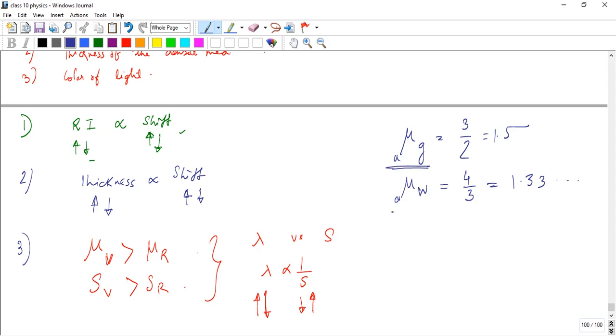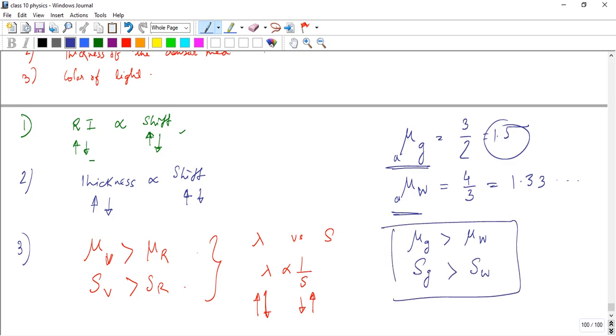So here mu of glass is greater than mu of water. So shifting of glass is greater than shifting of water. G stands for glass and W stands for water. Clear.